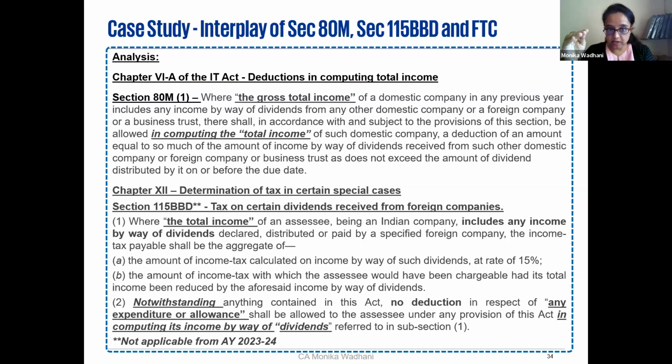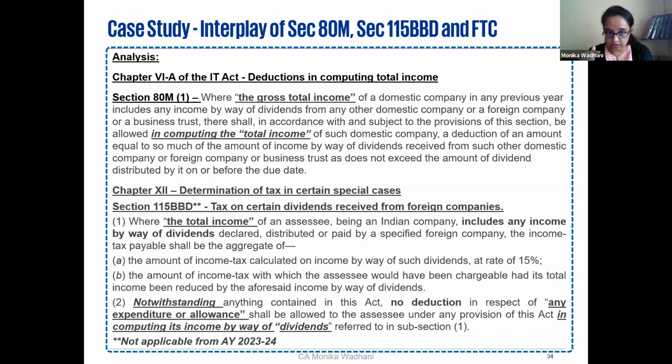So it says that where a domestic company has received any dividend income from any other domestic company or a foreign company, and if it has in turn declared a dividend in the same year on or before the due date, then it is eligible for deduction under section 80M.